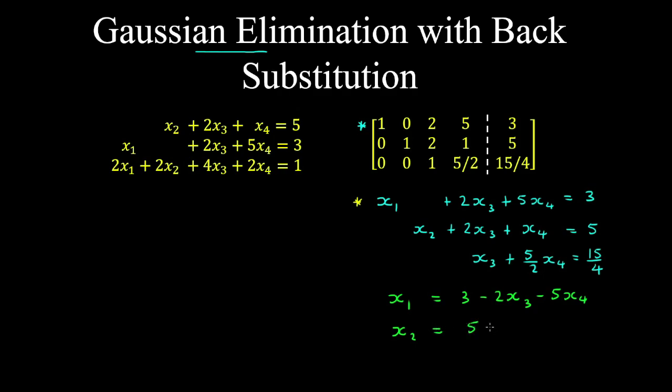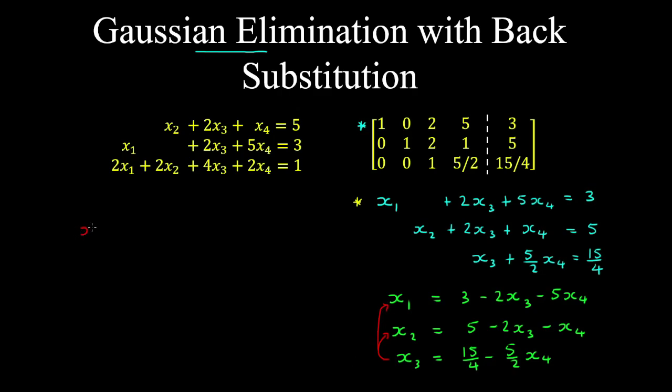So we have 5 minus 2x3 minus x4. And then x3 is 15/4 minus 5/2 x4. And now we start from the bottom and substitute each equation into the equations above it.